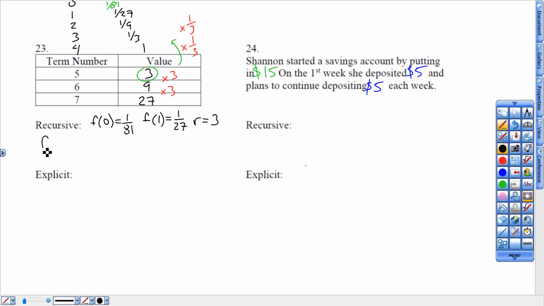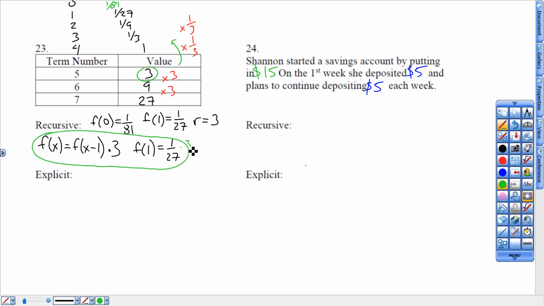Recursive: times 3. And then of course, we usually write that first term. So if someone had to write this sequence out, they would know what to write and where to start. Start with 1/27. And then keep timesing by 3. That makes that 1/9.